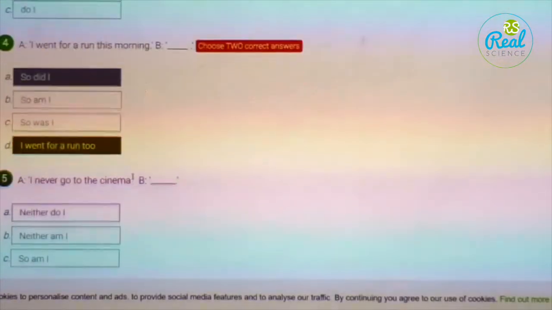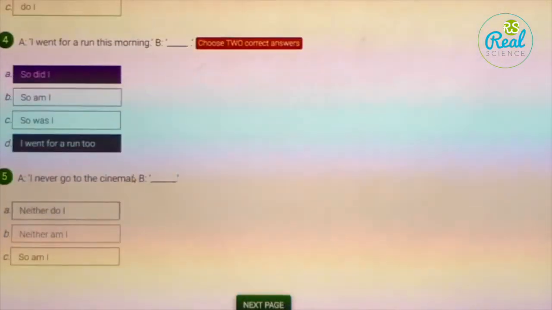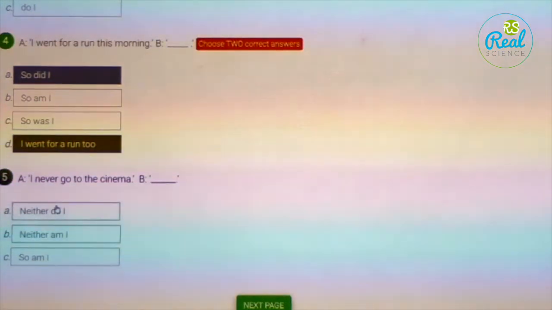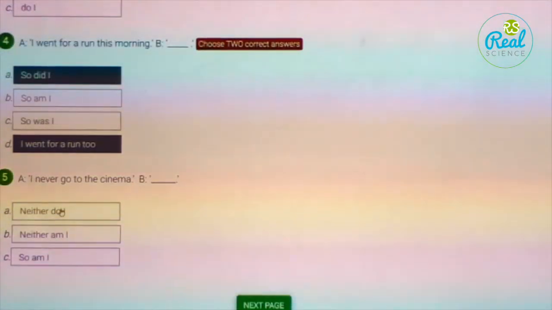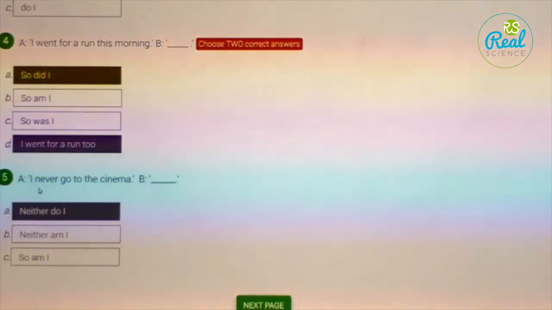Okay, nice. Next one. I never go to the cinema. Never do I. So am I? Actually, neither do I. Look, guys, it is going to be negative.